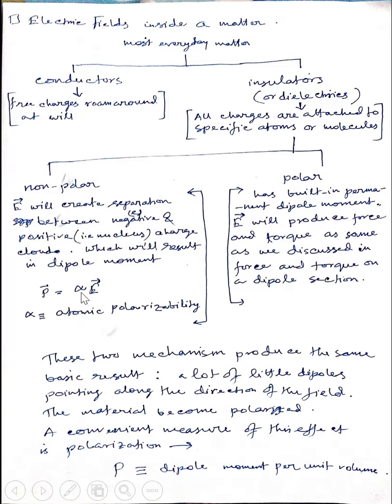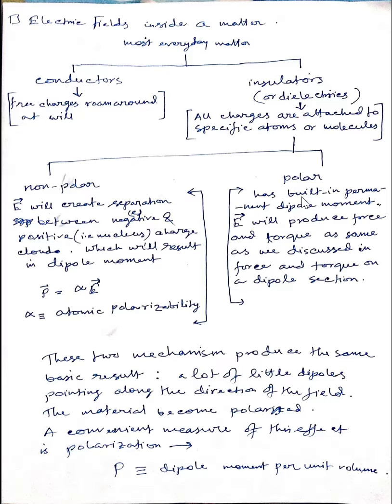And this proportional constant alpha is actually called atomic polarizability. And for the polar case, I have already said that there is a permanent dipole moment in it.